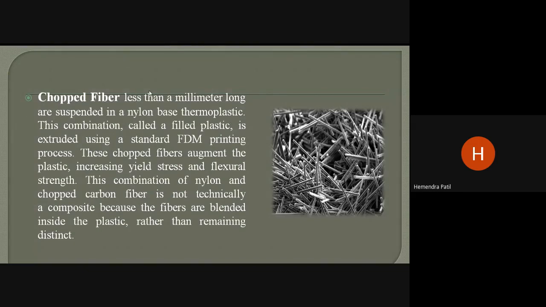It means we can use FDM for making parts of nylon chopped fiber. These chopped fibers augment the plastic, increasing the yield strength and flexural strength of the nylon. This combination of nylon and chopped carbon fiber is not technically a composite because the fibers are blended inside the plastic rather than remaining in strands. So we cannot directly say that it is a composite.